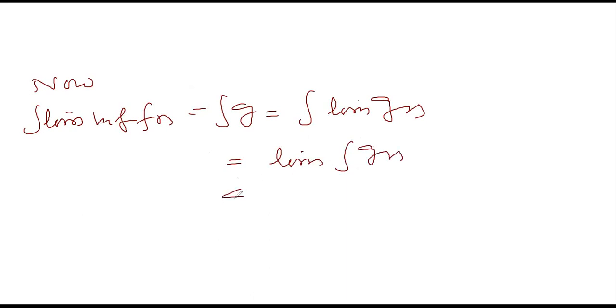This is equal to the limit inferior of the integral of gn, but gn is less or equal to fn, so that means the limit inferior of the integral of gn is less or equal to the limit inferior of the integral of fn. So this proves the theorem completely. The integral of the limit inferior of fn is less or equal to the limit inferior of the integral of fn.